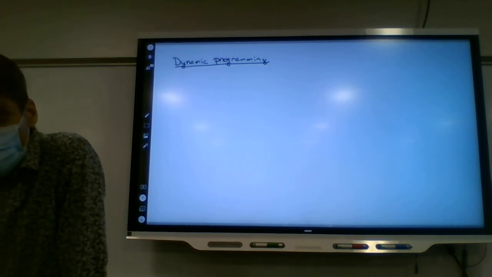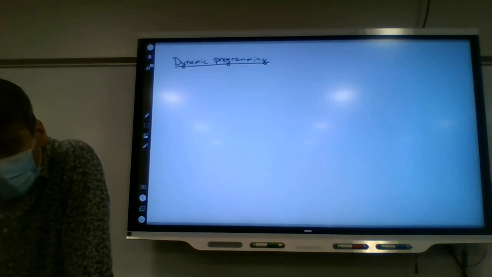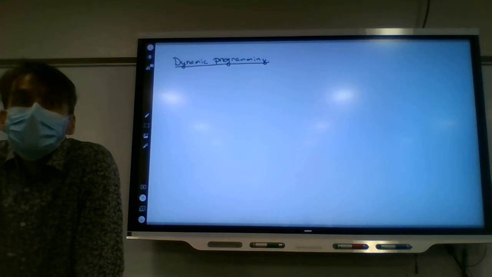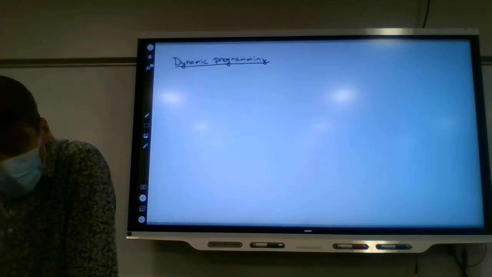We do write a program to implement this idea, but the word programming doesn't mean that. So what we're going to do is, rather than repeatedly solving those subproblems, we're going to solve those pieces once and record that information to keep track of it for future use. And then when we need it, we will have that answer.